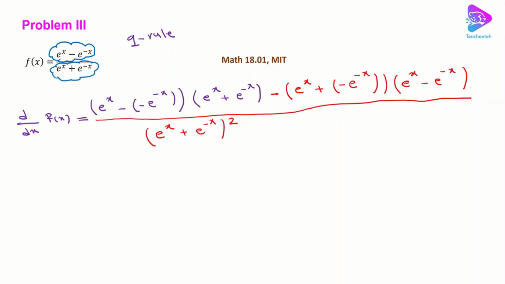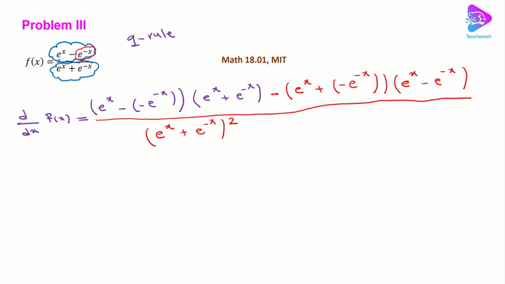So easy, again, using the quotient rule. And basically in here, what we did is use the chain rule, because it is basically e to the power of u, and for here u is minus x, and the derivative of minus x is minus 1. So as you can see, there is no need to simplify it.